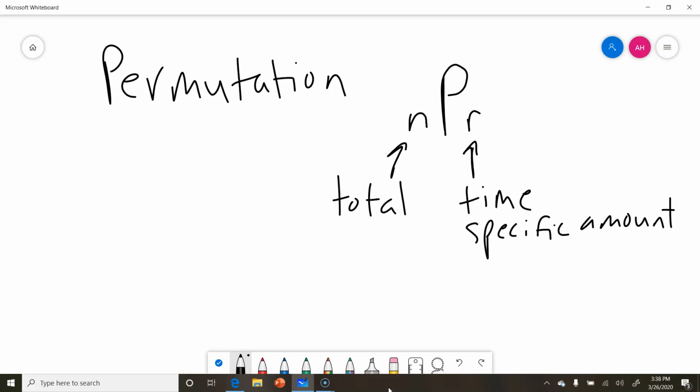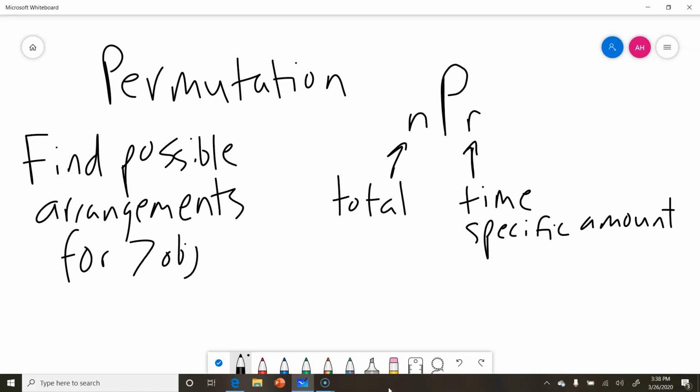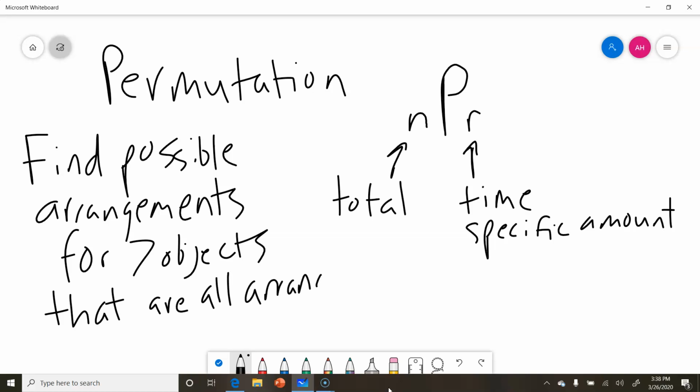For example, if the problem said something like this: find the possible arrangements for 7 objects that are all arranged.